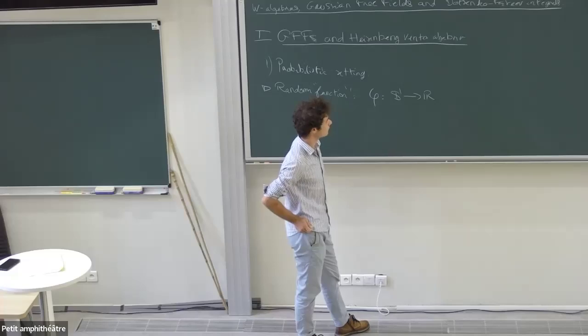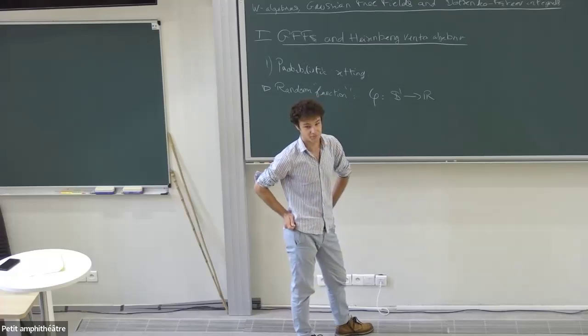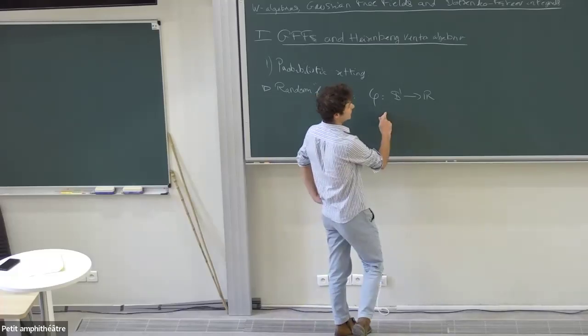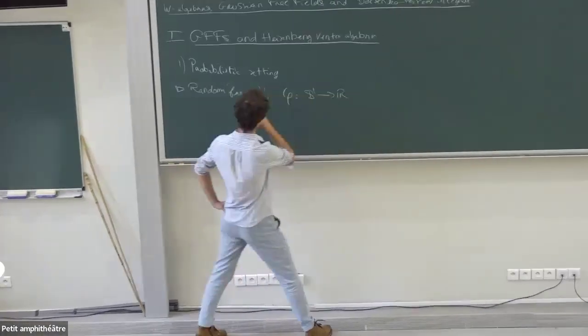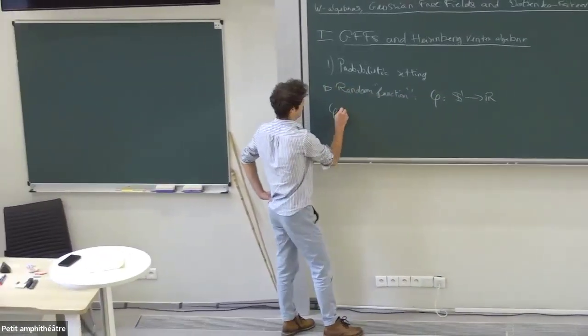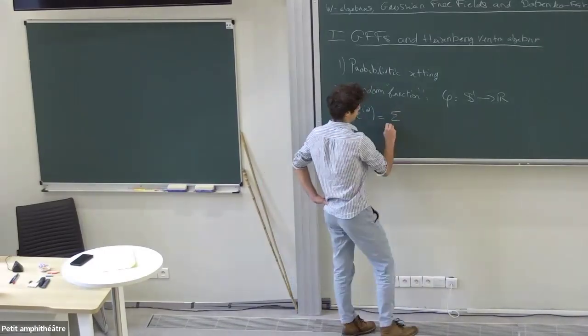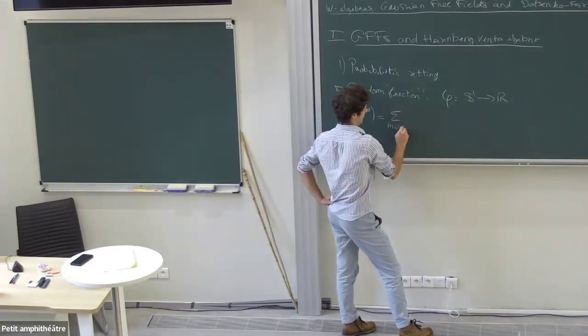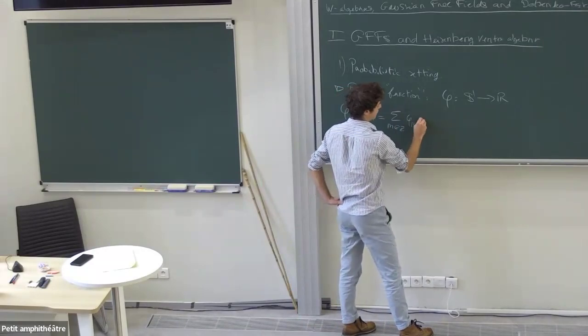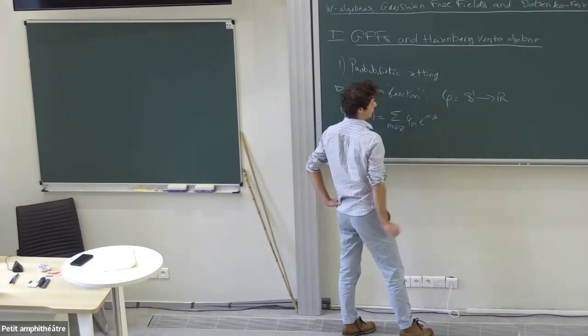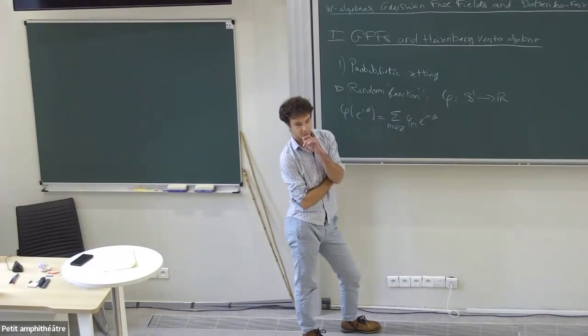A natural way to do that is to expand this function in Fourier modes. You write that phi of e to the i theta is the sum of some modes phi n times e to the i n theta.